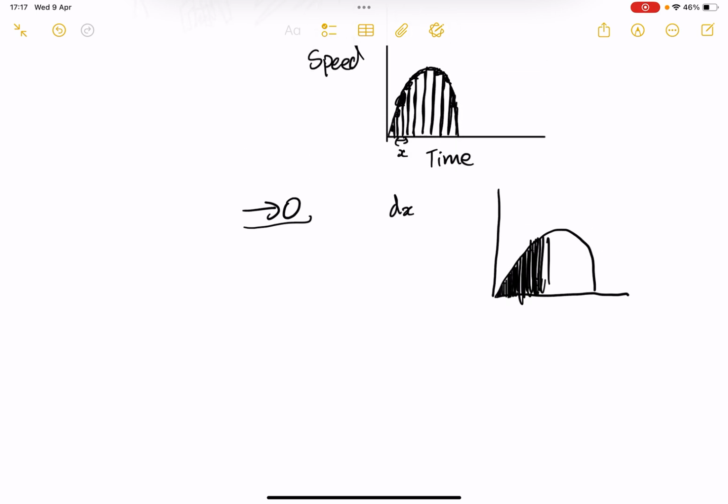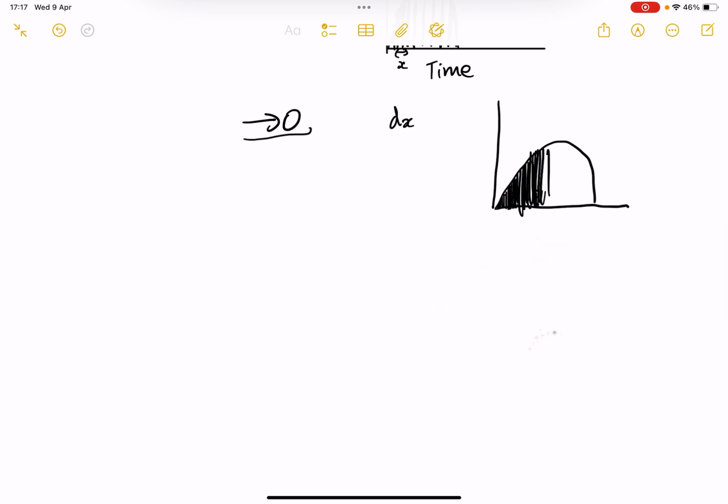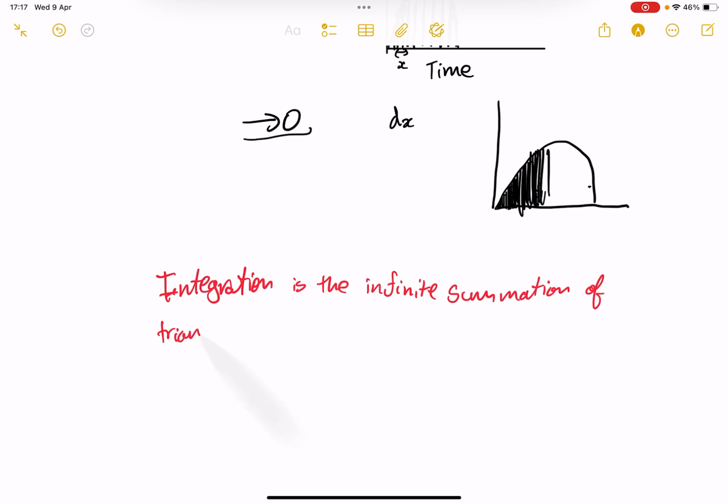Now, because of this, we get integration. This is exactly what integration is. So let me just define. Integration is the infinite summation of triangles.